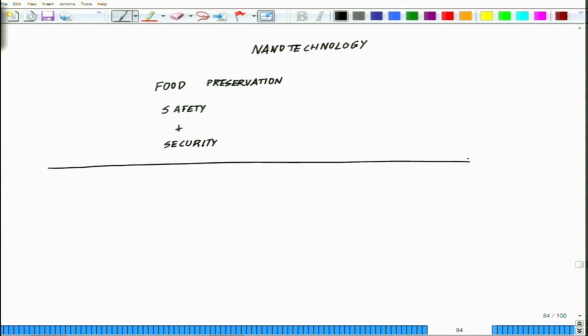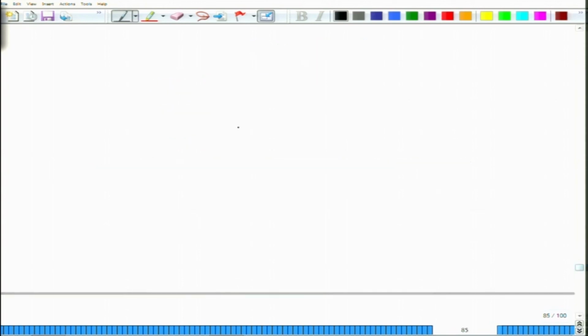So one of the major things, nanostructures for smart food. In a flowchart form we will discuss this, nanostructures for smart food. In terms of that, we will be talking about food nanopreservation and food nanosafety.